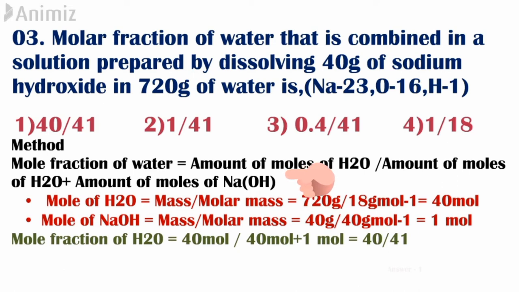Here you know the mass of two components, so using that, we should find the moles. Moles equal mass over molar mass. Using these two equations, you can find the moles. Then you have to substitute these into equation number 1. Then the answer will be 40 over 41, answer number 1.